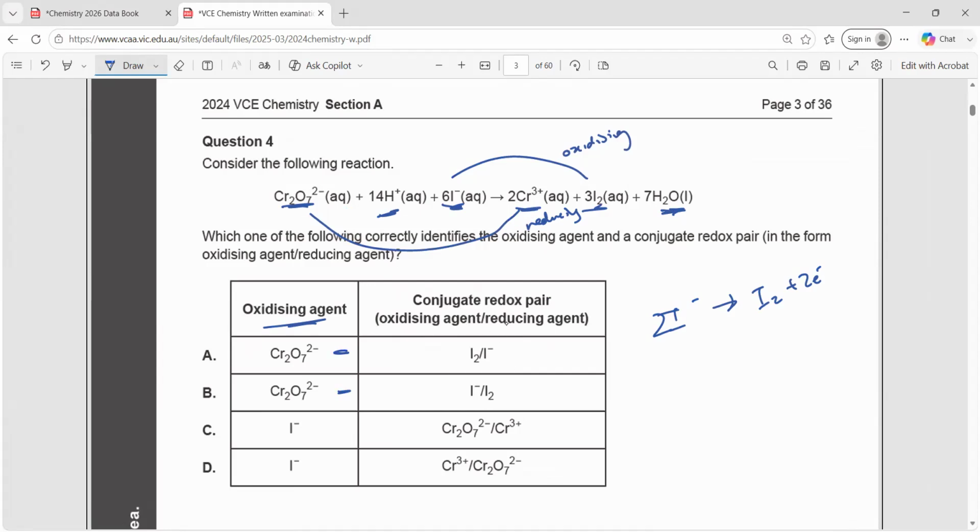And then the conjugate redox pair, so the oxidizing agent comes first. This is the oxidizing agent. Sorry, so the oxidizing agent we've already identified, so the reducing agent should be this. Yep, sorry.